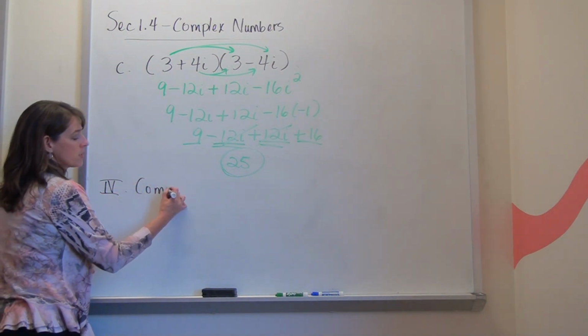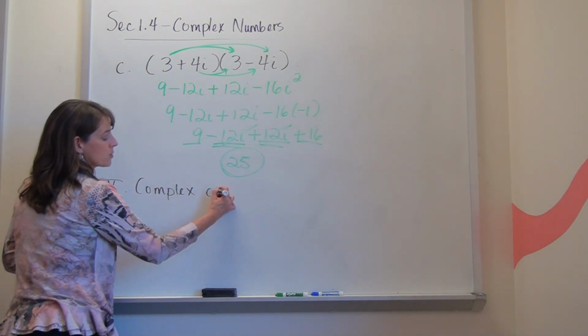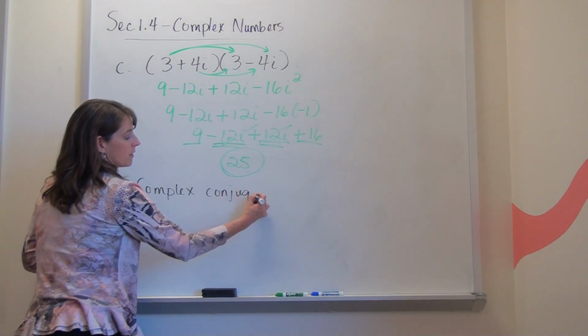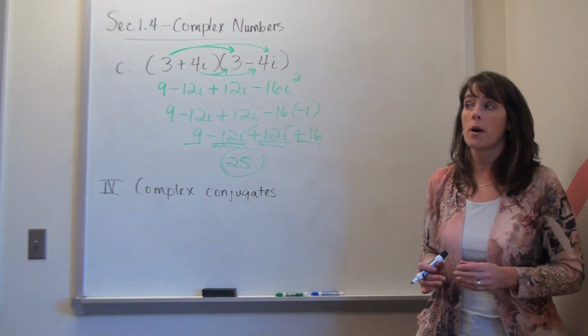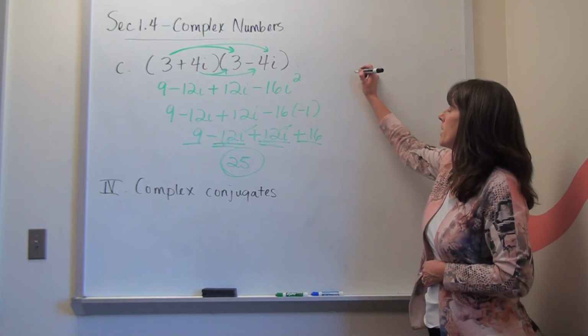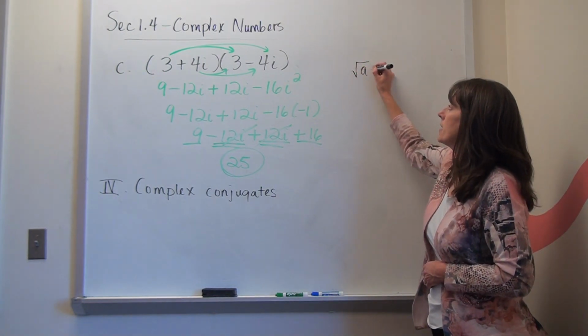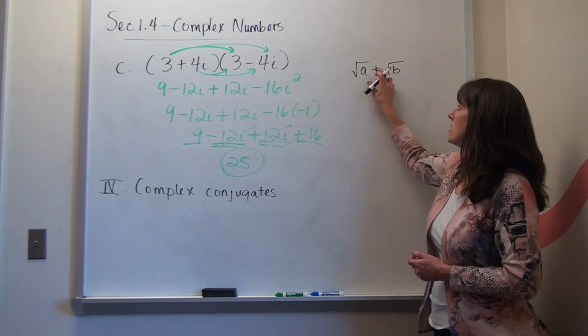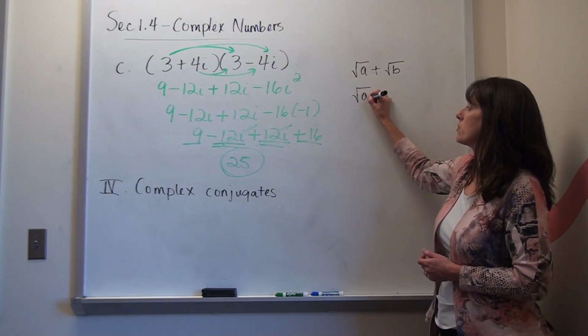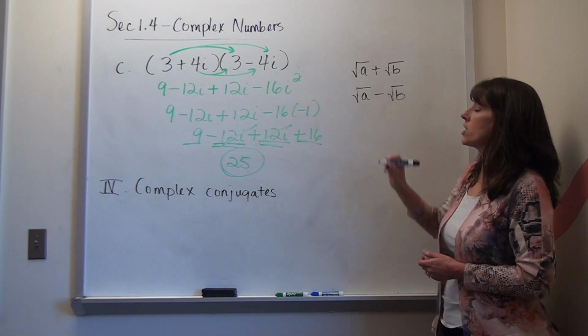We've talked about conjugates before. Recall what conjugates were. When we talked about conjugates before, we dealt with square roots. Say, for instance, we have the square root of a plus the square root of b. We said its conjugate was going to be the same two terms, just simply change the sign between.